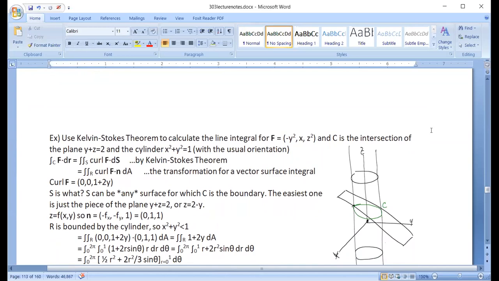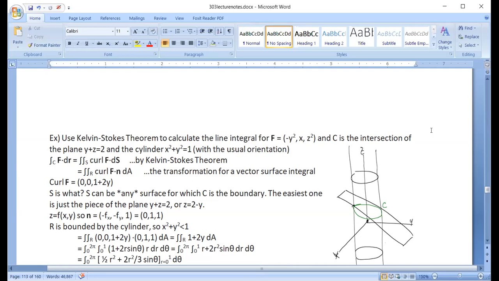But if the plane is tilted at an angle, we get an ellipse, and it's an ellipse that's tilted at an angle. So writing down the formula, the parameterization, for that ellipse is going to be fairly nasty.